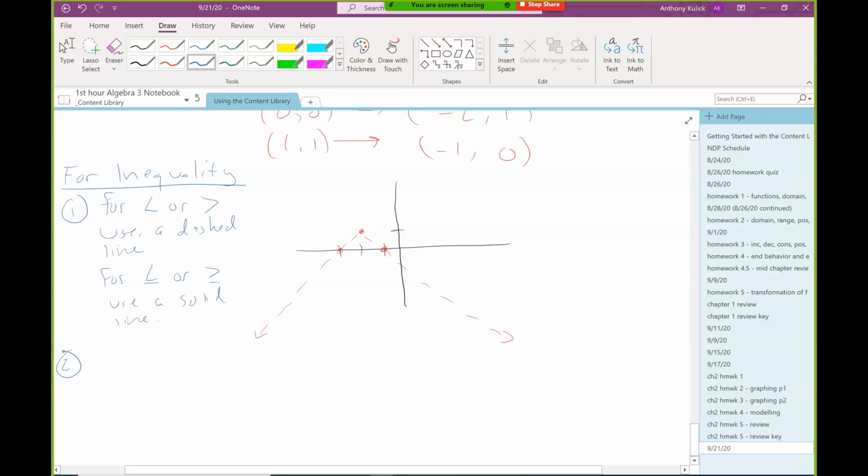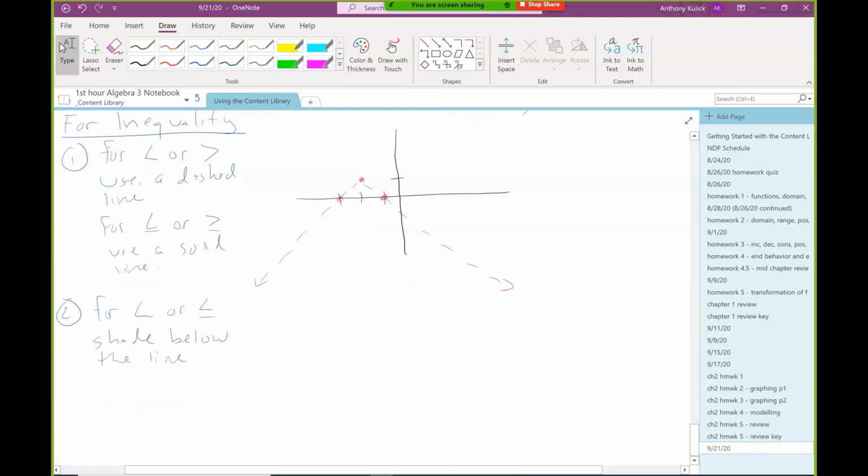The second thing we have to remember to do for an inequality is do some shading. So for a less than or equal to, we're going to shade below.